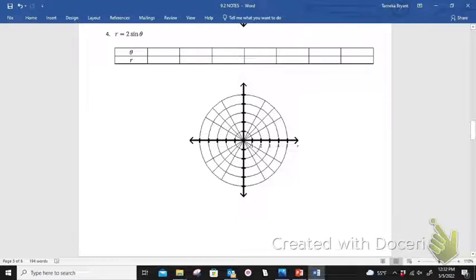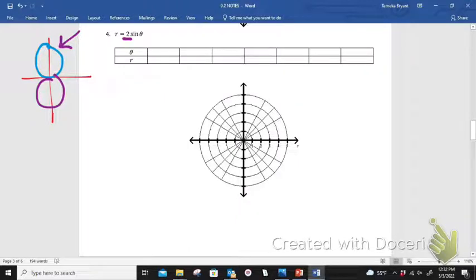Because it is a sine, I know that it's either going to face up or it's going to face down. So it's either going to be the blue or it's going to be the purple. But because that's a positive 2, I know that it's going to look like this.